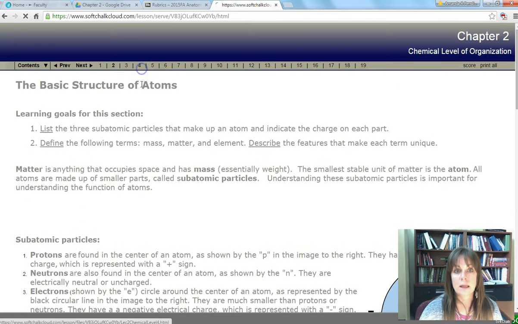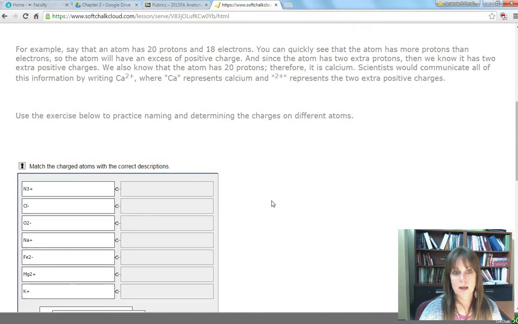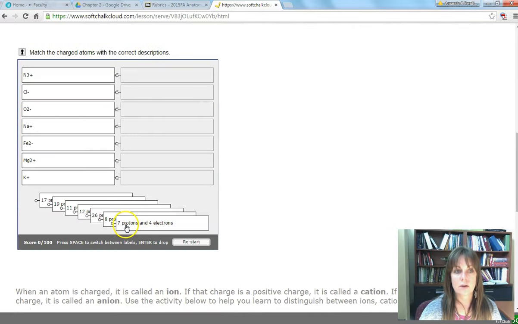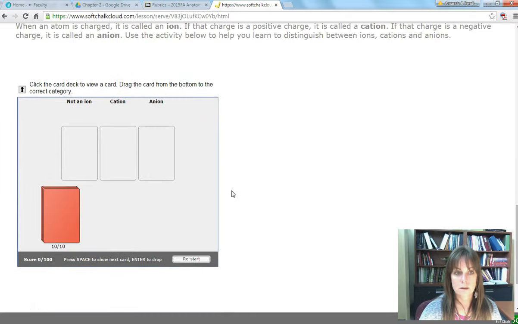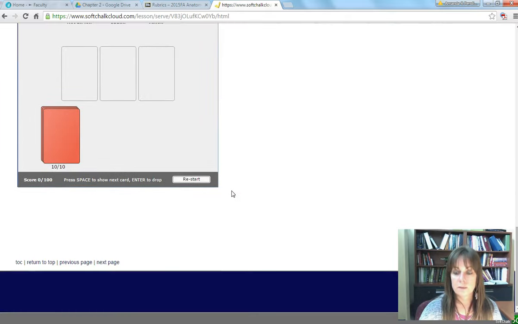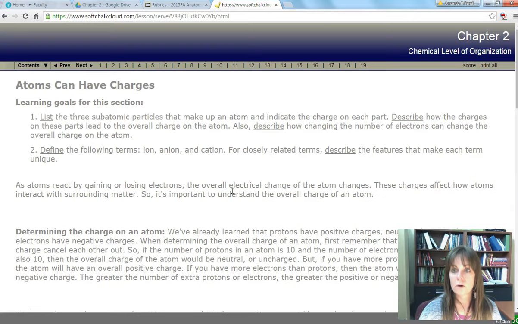And then, once you figure that out, you can figure out, based on the charge, how many electrons that means it has. Okay? All right. So I believe that's everything for this section. Continue to use the activities here to test your knowledge and email your instructor if you're having problems.